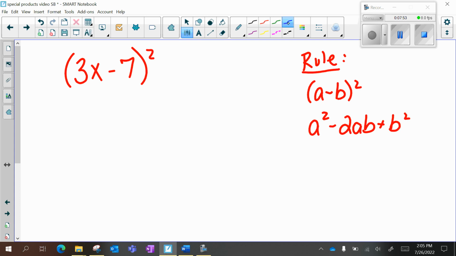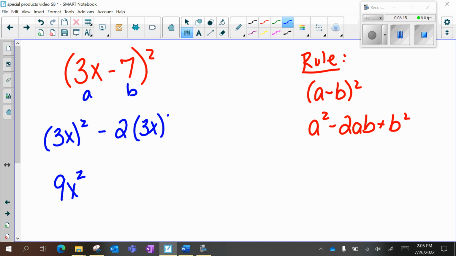So I could sit here and expand and do the box method or double distribute like we did, but I can go right to, this is my a, this is my b. So it's really going to be 3x squared, which is 9x squared, minus 2 times my two terms multiplied together.